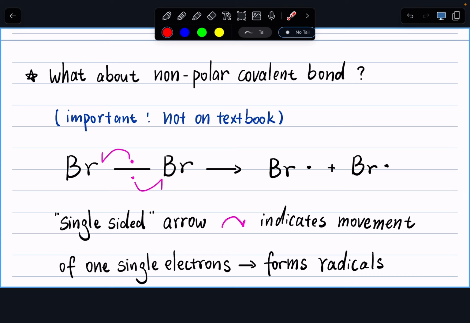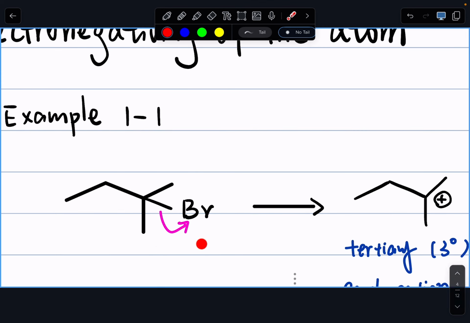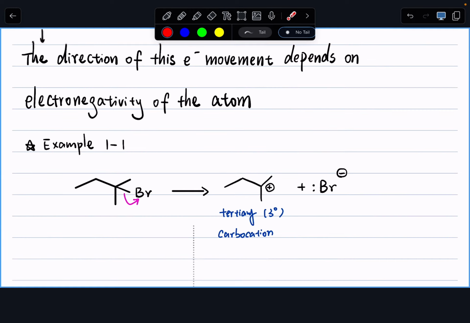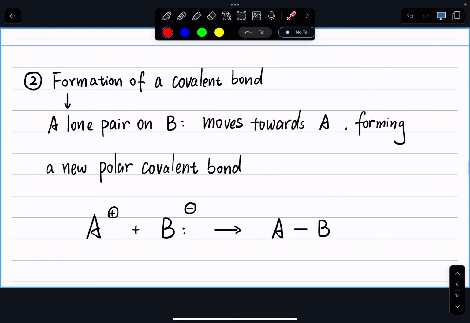Try to memorize it this way instead of linking it to the breaking of a polar covalent bond, because later on we'll use a double-sided arrow for other elementary steps. So the normal double-sided arrow is the movement of two electrons, so both electrons go to the end of the arrow. The single-sided arrow is the movement of one electron. So that's breaking of a chemical bond. Now, obviously, we can also make new chemical bonds. So that goes to the next step, which is the formation of a new chemical bond.